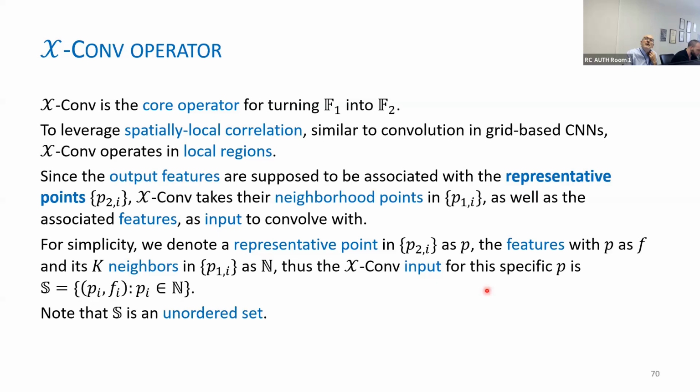And so at the end, this convolutional operator takes as an input, for a point p, the points at the previous level and the features of these points at the previous level. And this N is the set of K neighbors. And you see this set is an unordered set. It's the set of points that are used to compute the information for the representative point.